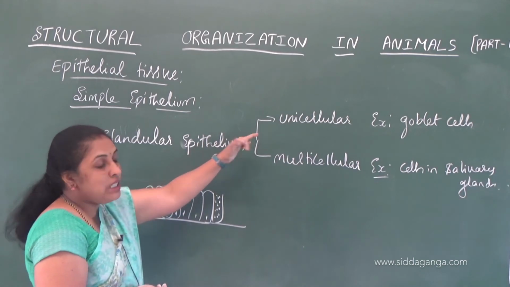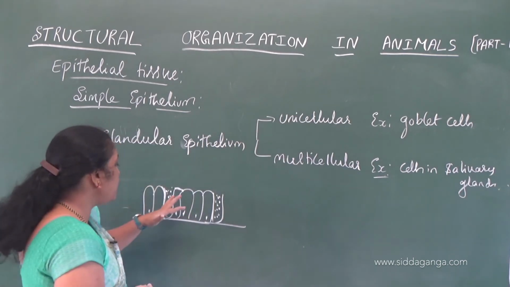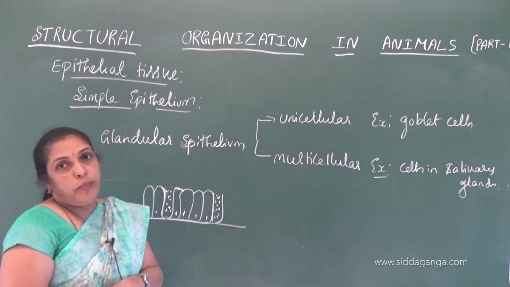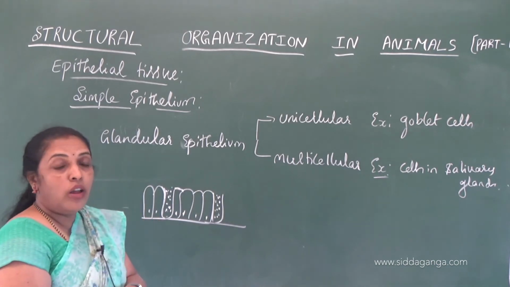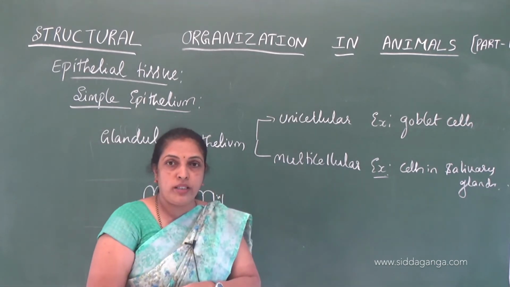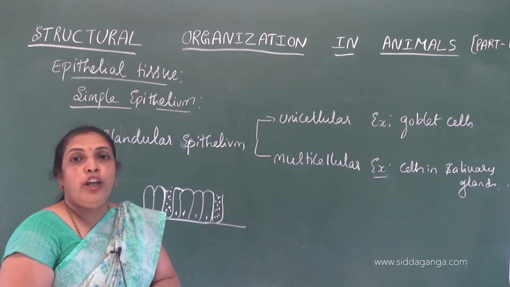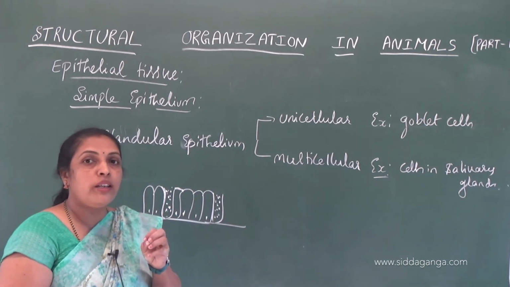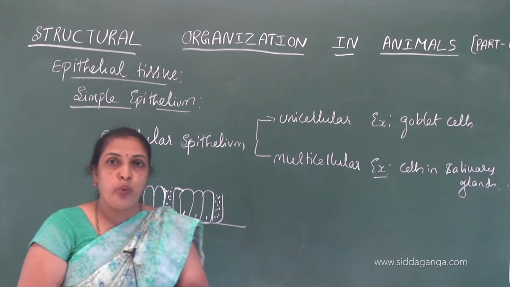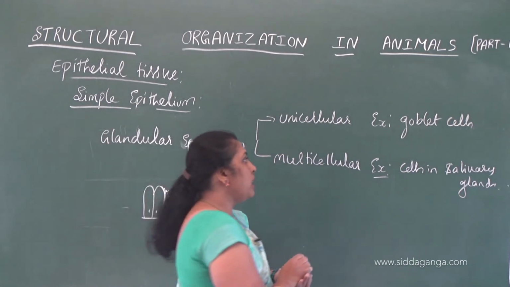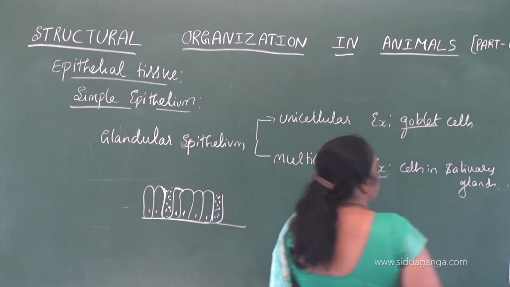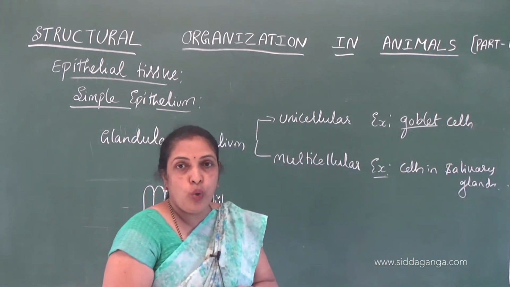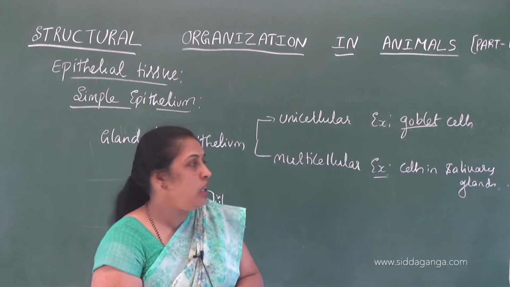So, if one cell secretes, then it is unicellular glandular epithelium. An example is goblet cells seen in the lining of the stomach or gastrointestinal tract, which secrete mucus. It secretes mucus that helps in lubrication of food.